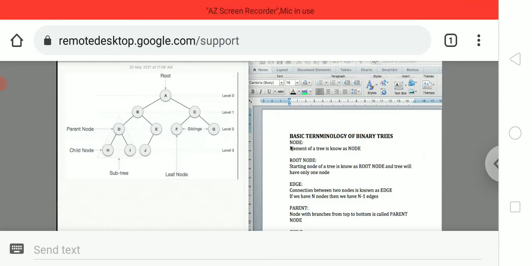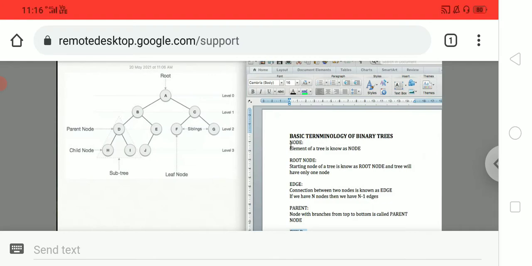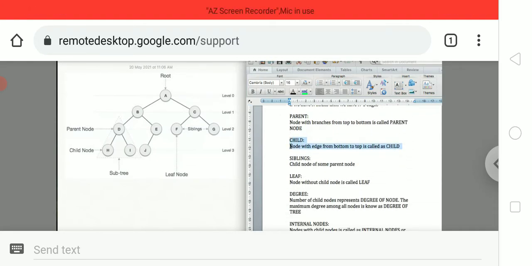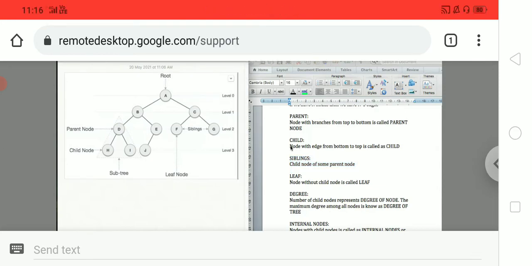Next one, siblings. Child nodes of same parent node are called siblings. So when we discuss this example, A has two child nodes, that is B and C, because B, C nodes belong to A parent node, and these two nodes are called siblings.